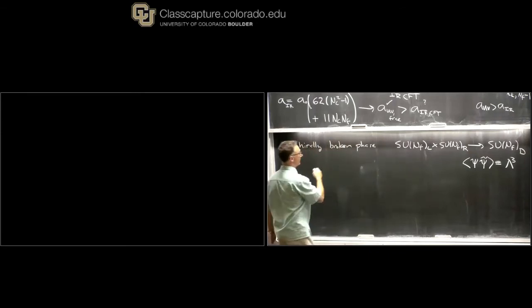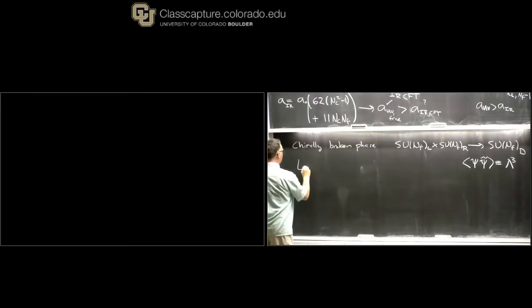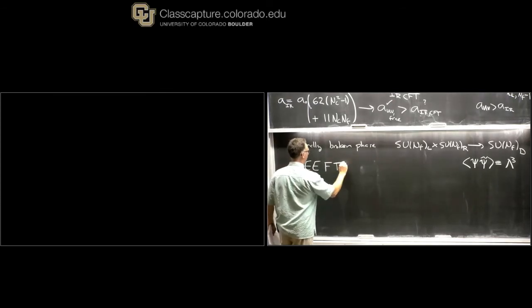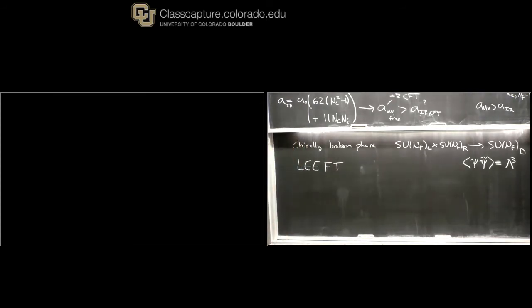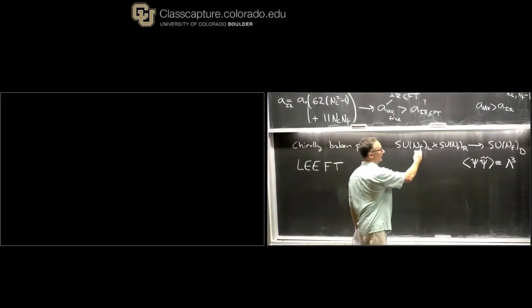And so in this case, the low energy effective field theory isn't anymore described in terms of the conformal field theory or the original degrees of freedom. Instead, it's described by the nonlinear sigma model.